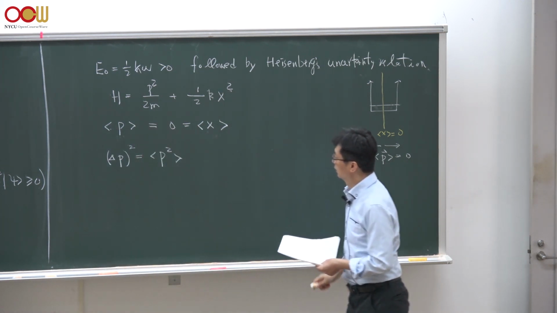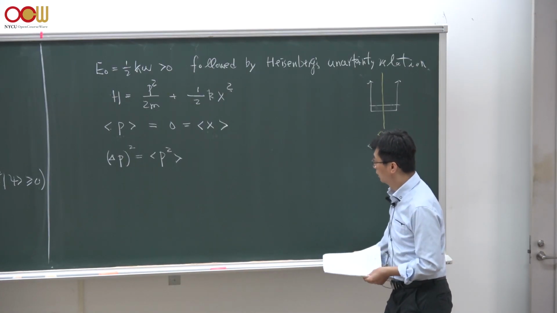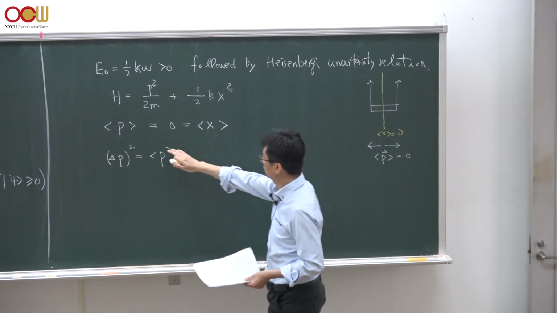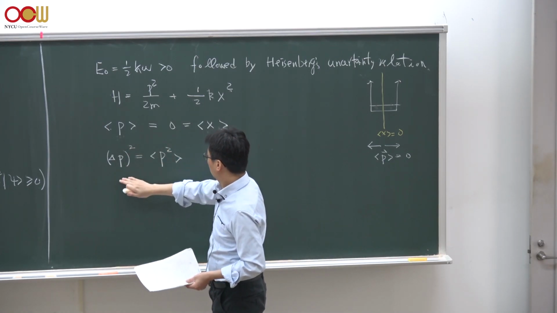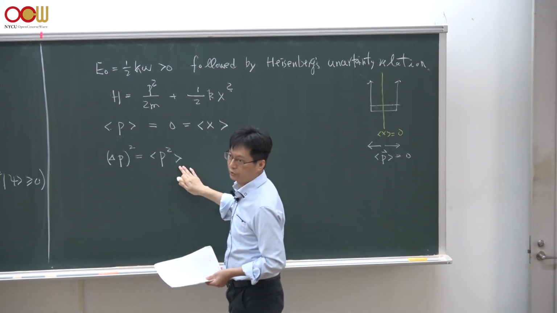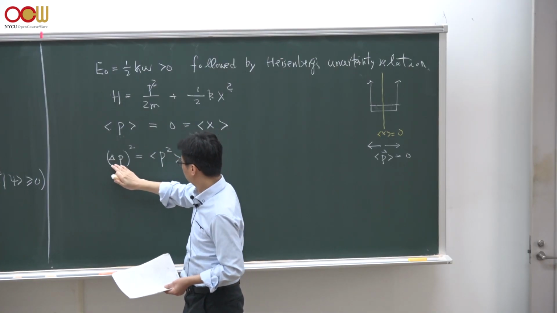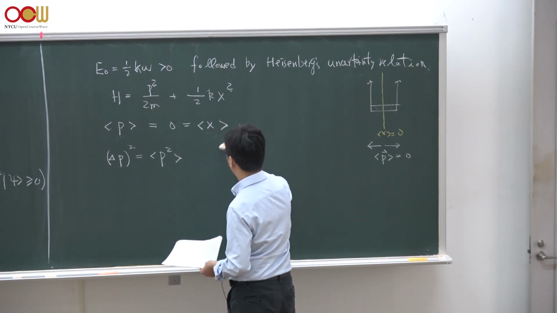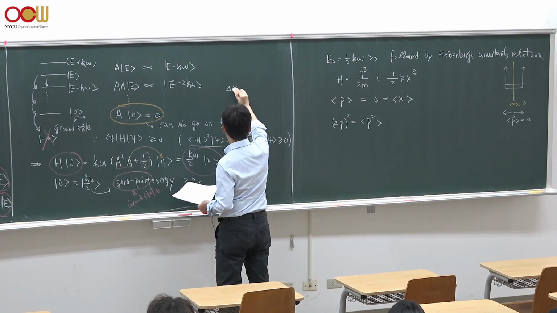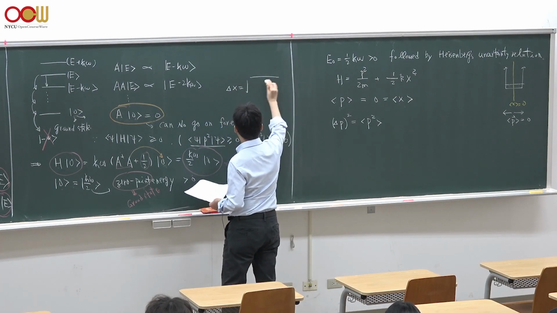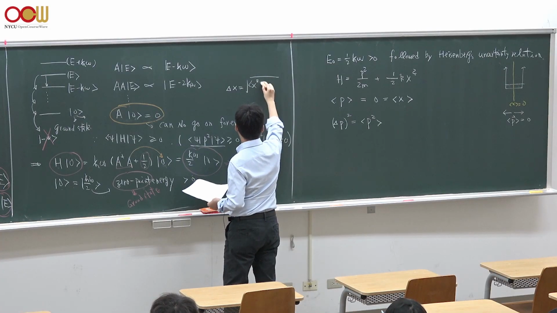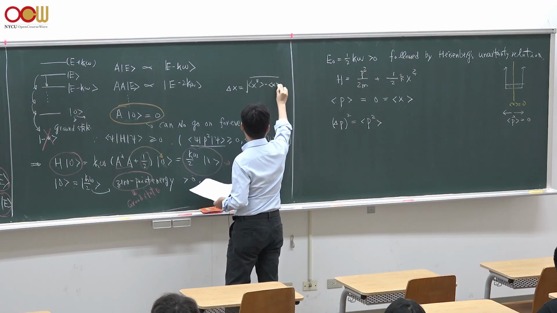You take the expectation value of the square of the momentum operator at the ground state, and this p square average is the same as delta p square, because you know very well that delta x is the square root of x square average minus x average square.